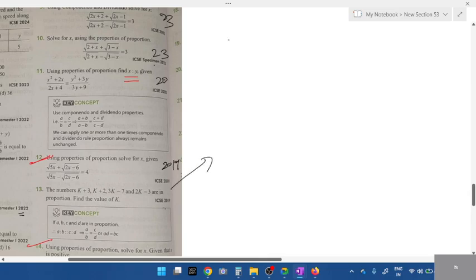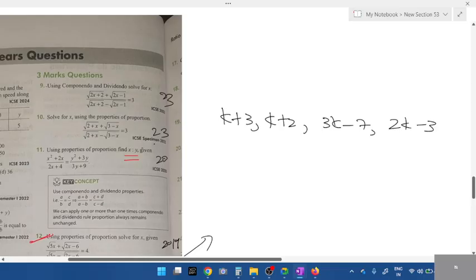This one you can easily figure out, students. k plus 3 divided by k plus 2, 3k minus 7, 2k minus 3 are in proportion. They didn't tell us to find using property of proportion. Remember this. Look here. They'll directly tell you use componendo dividendo. Try to understand this.